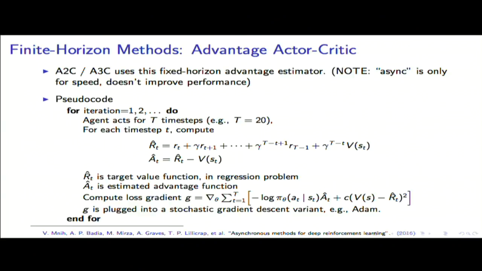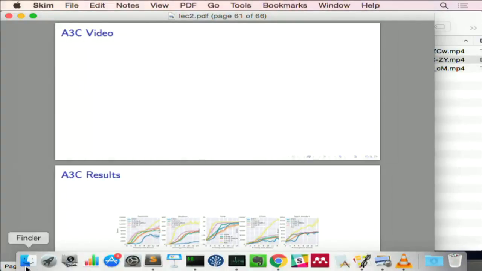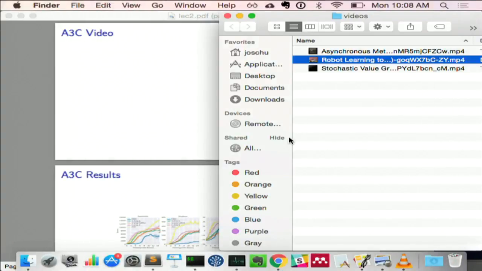That way you're updating both the policy and the value function at the same time, and they share parameters. Then you can plug this gradient estimator into a stochastic gradient descent algorithm. They got very nice results even though it's a pretty simple algorithm that people previously thought had really high variance and wasn't going to work on any hard problems.